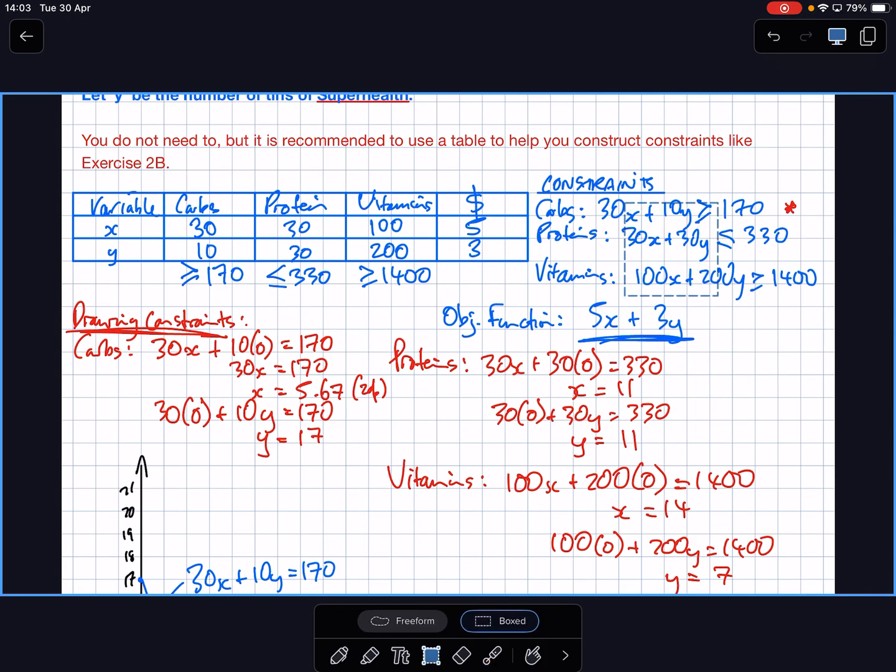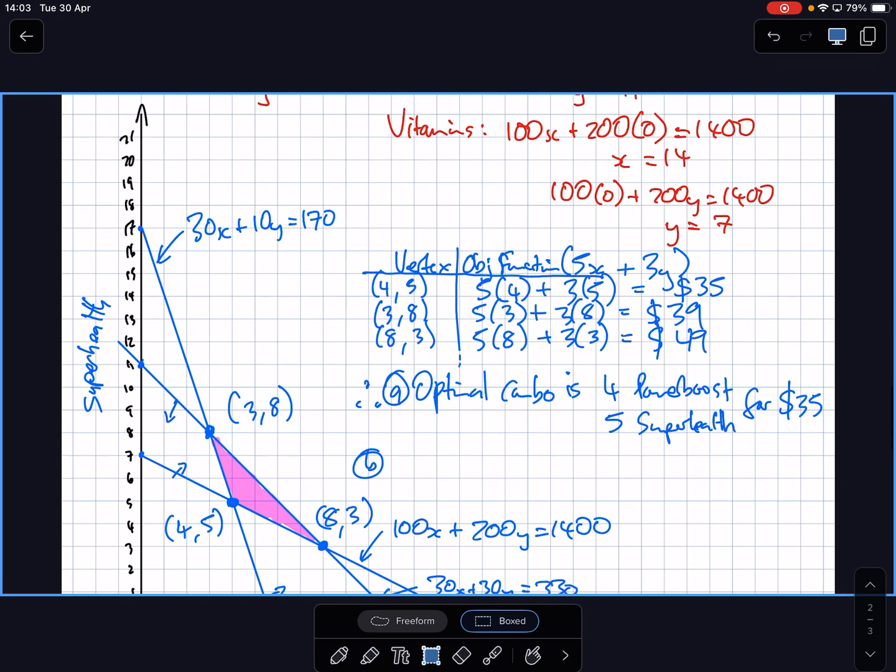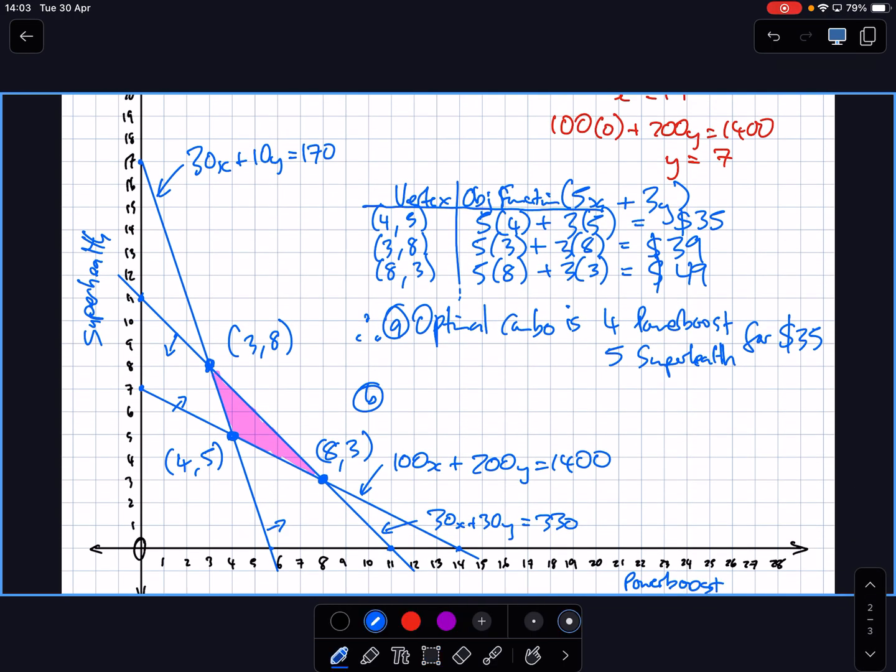So, what could I do? How many power boosts did he buy in the optimal solution? 4. So the protein constraint, protein was 30 times by 4 power boost plus, what was the thing for super health for protein?